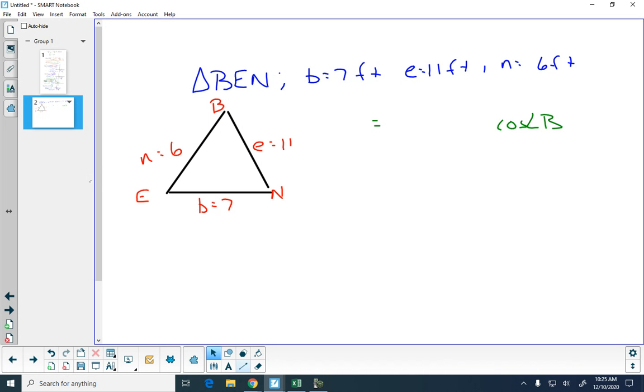Using only letters, write the equation for the law of cosines. Don't try to throw numbers in yet. Grace, what would be your equation?